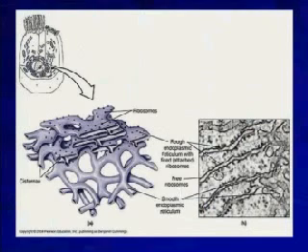Now, you're looking at an illustration from your textbook which demonstrates the endoplasmic reticulum. There are two types of endoplasmic reticulum. There is the rough endoplasmic reticulum, where you can see the ribosomes attached to the surface of the endoplasmic reticulum, giving it a rough appearance. And then there is the smooth endoplasmic reticulum that does not have ribosomes attached.